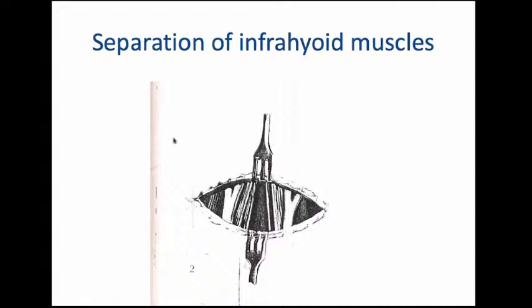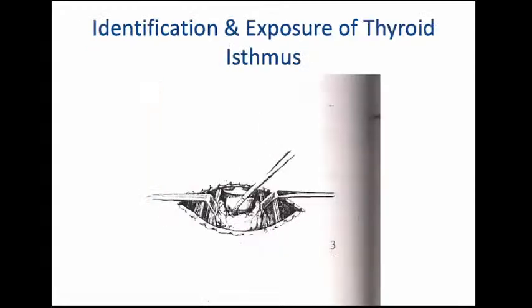Once you've opened in, there are those infrahyoid muscles, the strap muscles, that you want to separate and push sideways. This is your carotid on the side. So you made your transverse incision, you are separating the muscles. Once you separate the muscles, you will reach the isthmus of the thyroid gland and the trachea there.